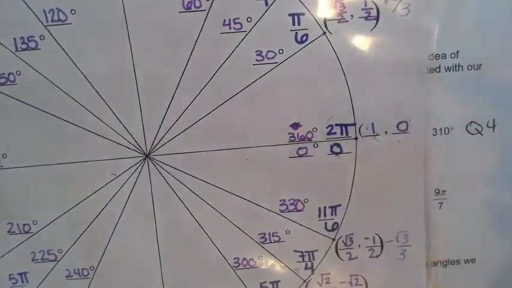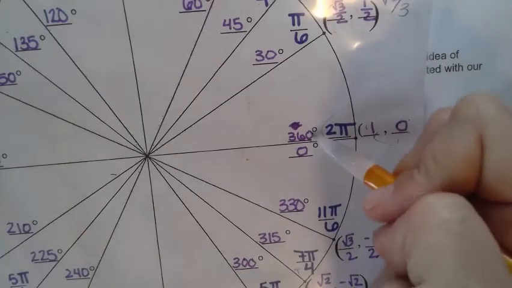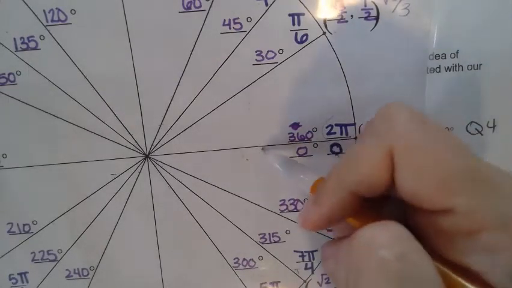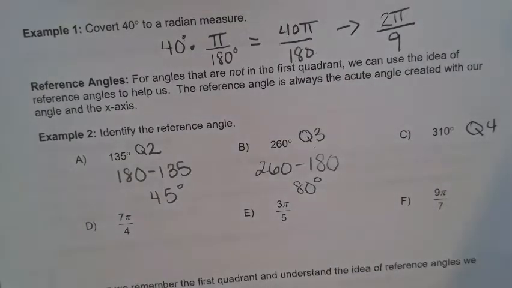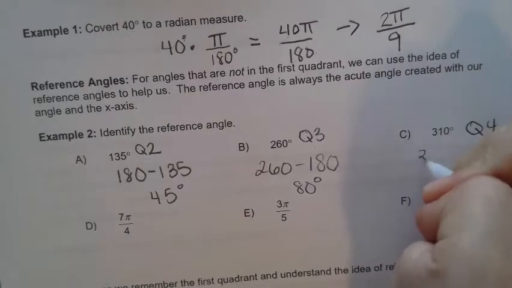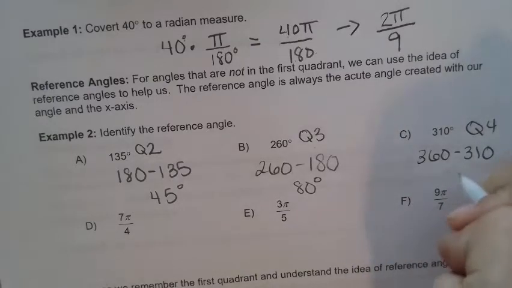So 330, but 360. So it's going to be 360 minus 330, and we get that reference angle. So for the fourth quadrant, you're going to take 360 minus our angle. So the reference angle for this one is 50.